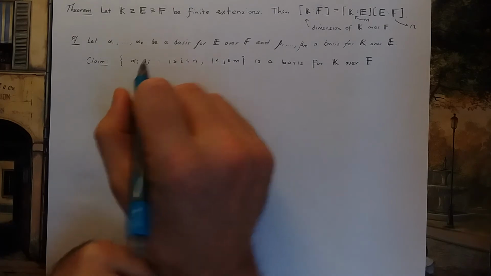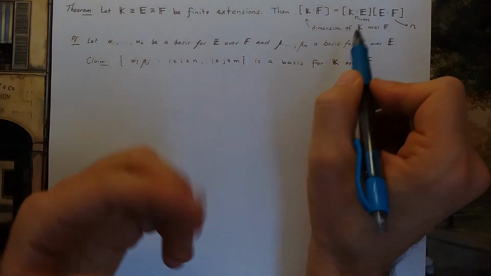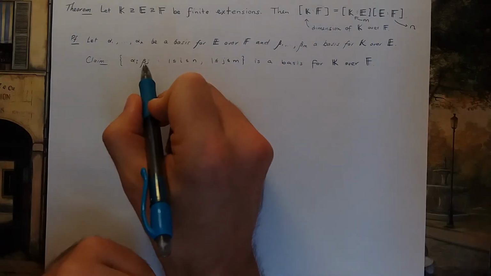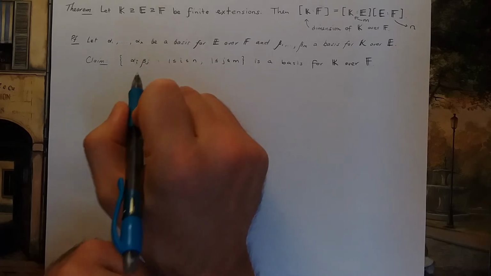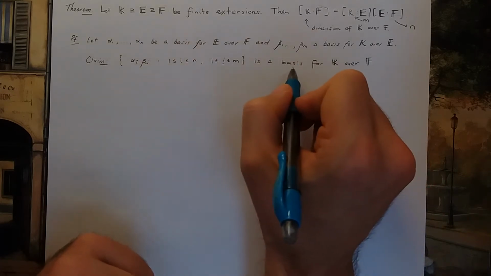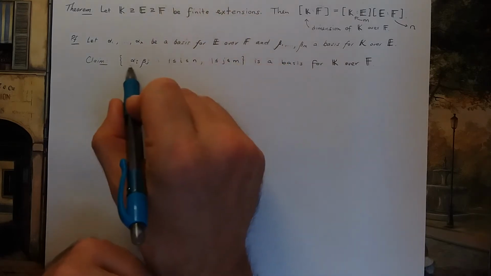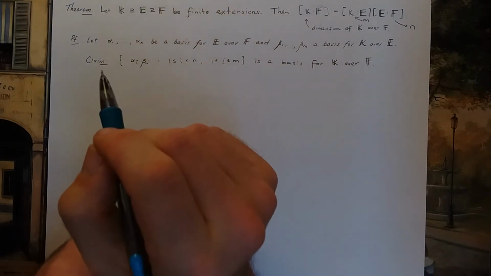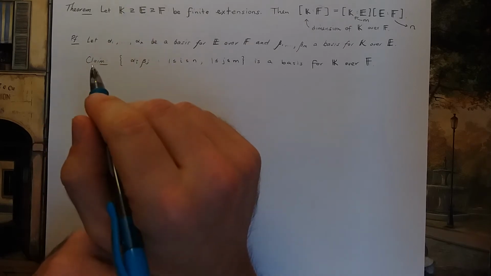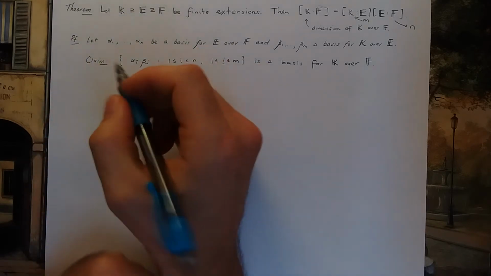If this was a basis, then the theorem would be proved because there are m times n elements that I'm listing here. So to show something's a basis, I need to prove that these elements are linearly independent and span. So let's do that.